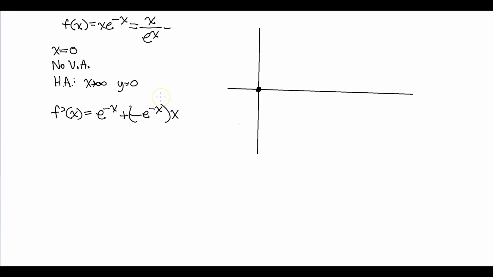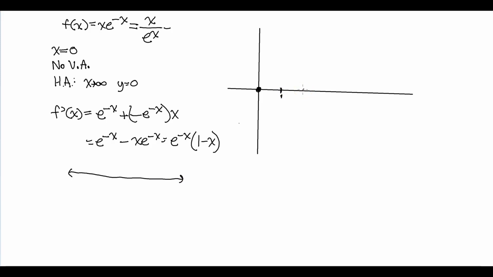Just chain rule. So we have e to the negative x minus x e to the negative x, or e to the negative x, factor it out, 1 minus x. With this factored form, you can see that we have a critical point at x equals 1.